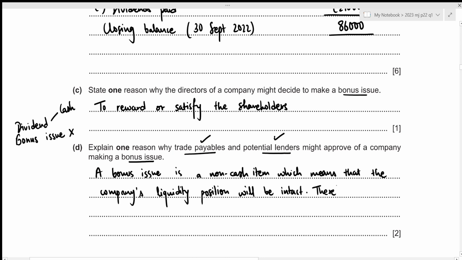Therefore, it will have no effect on the repayment of liabilities.